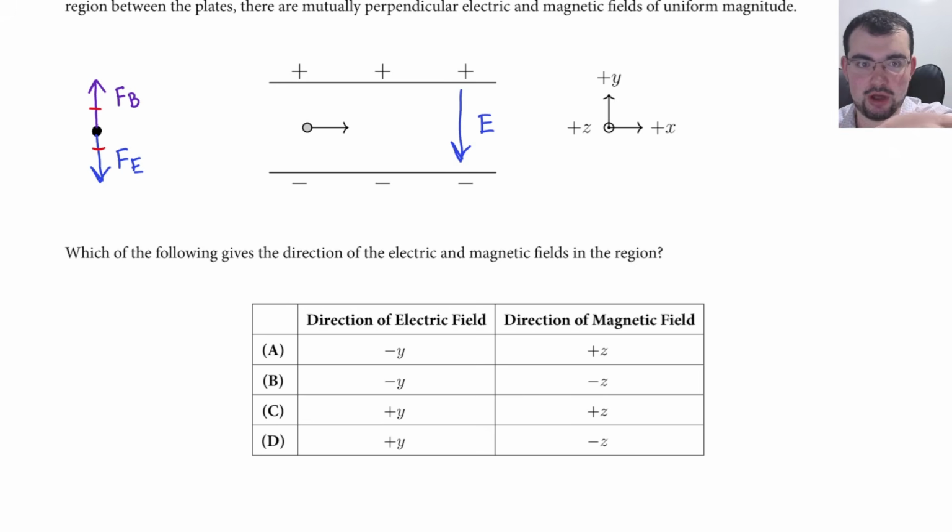So if my palm is up and my thumb is to the right, that means my fingers are pointing at you or into the screen. So that would be the magnetic field into the page. So it's minus Z. So minus Y and minus Z makes the answer choice B. Velocity selector is safely level 2 if it's qualitative like this.